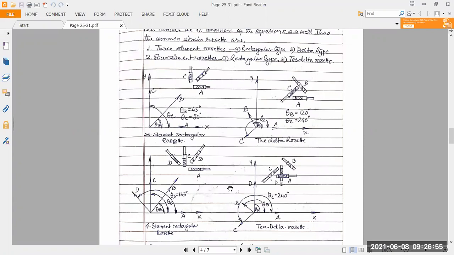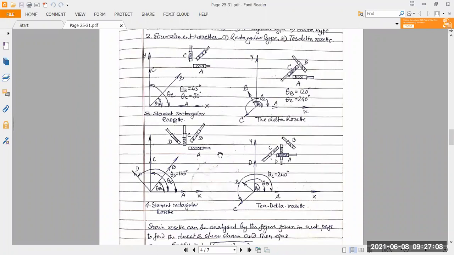If there is a four element rectangular rosette, this is the rectangular rosette itself. So you have to pick like here, and like here. This is 45 degrees, this is 45 degrees, and in between that is 90 degrees. In the four element rectangular rosette we have O to A, O to B, O to C, and O to D. What is the in-between angle?